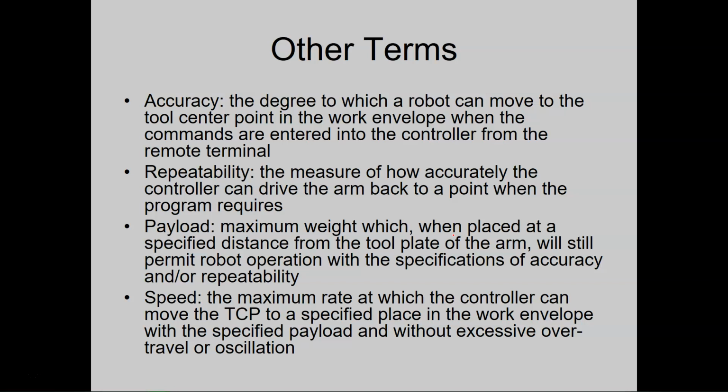Payload. This is the maximum weight which, when you place it a specified distance from the tool plate of the arm, will still permit the robot operation within the specifications of accuracy and or repeatability.